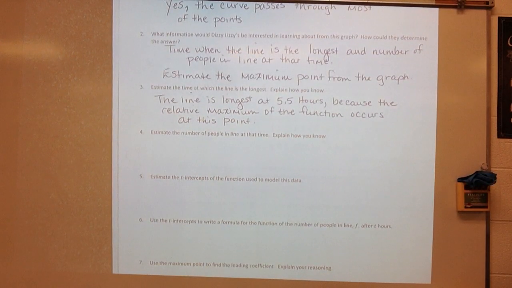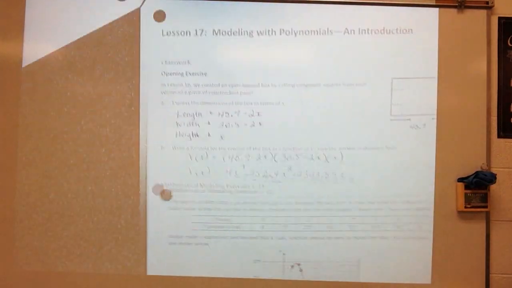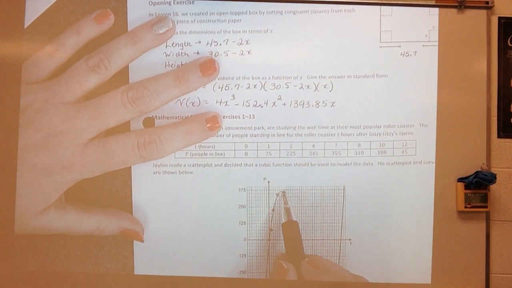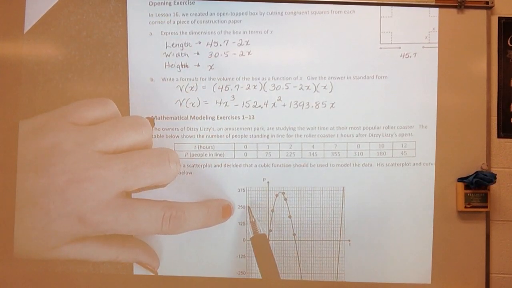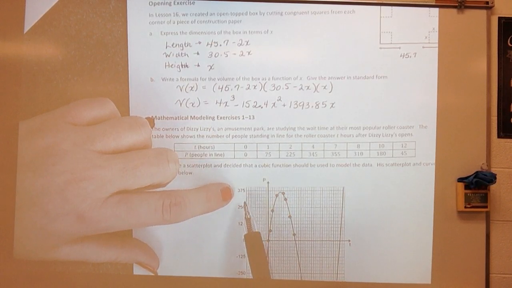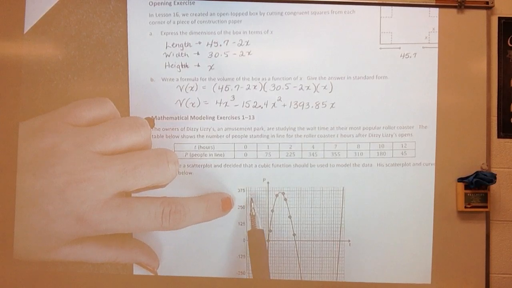Estimate the number of people in line at that time and explain how you know. Well, let's go back. And when it is about 5.5 hours, I'm going to come over here. And I see, okay, so I've got to figure out what they're counting by. They're counting by 25s here.